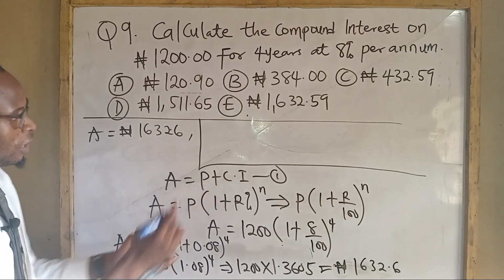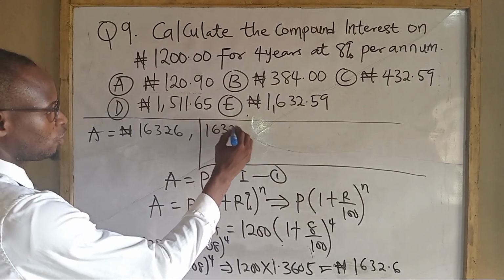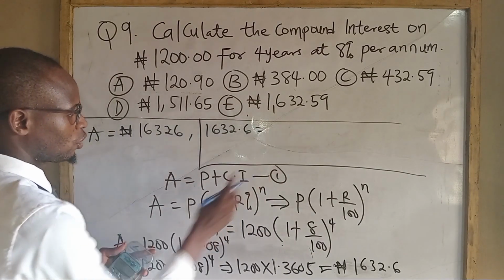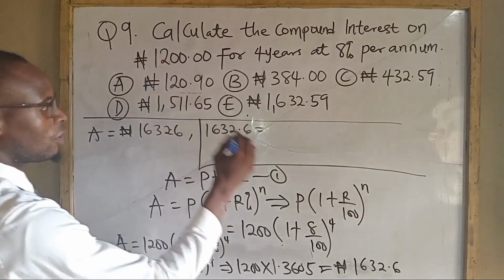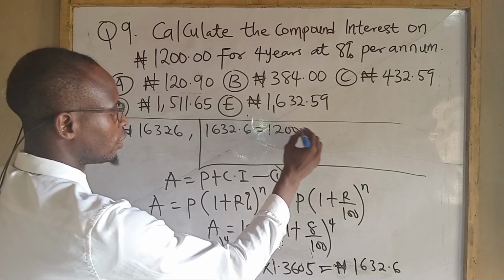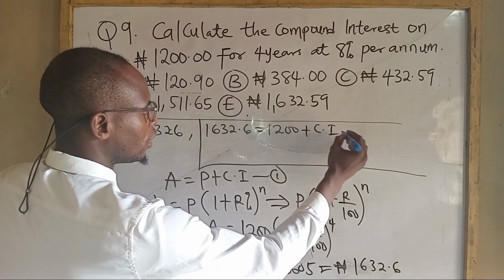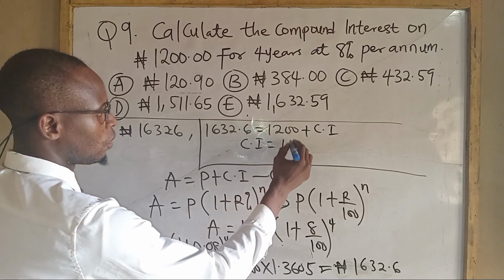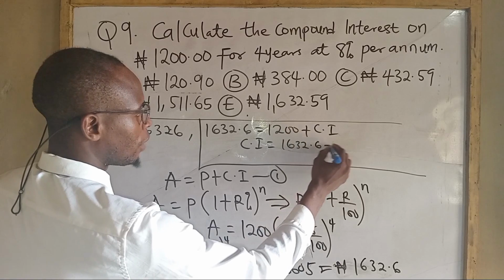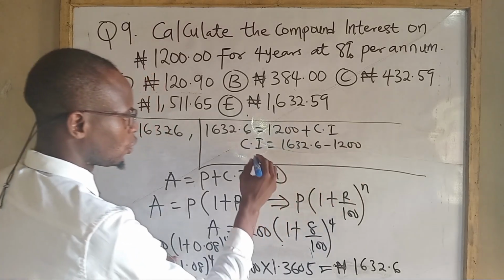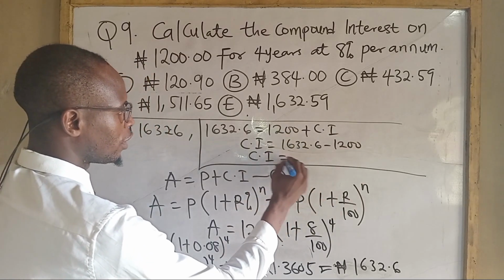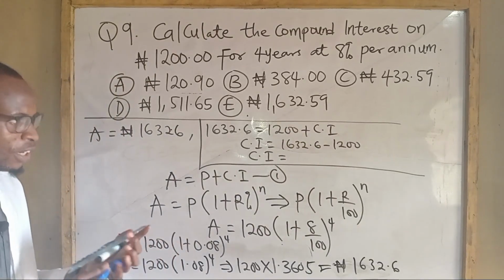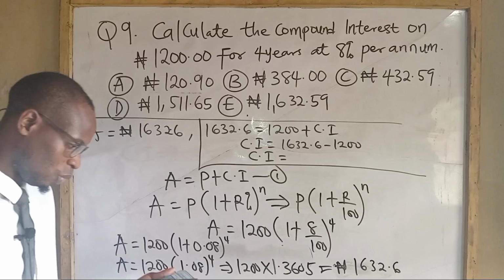So from this formula now, we have it as 1632.6 is equals to the principal, which is 1200, plus what? The compound interest. So if you collect like terms now, the compound interest will be equals to what? 1632.6 minus 1200. So let's subtract 1200.